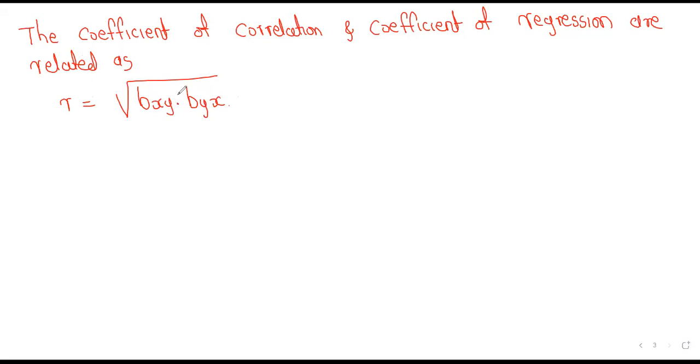Okay. So if we know the values of coefficient of regression, that is bxy and byx, from these values we can calculate the coefficient of correlation. Okay, just write down this, then we will see the example.